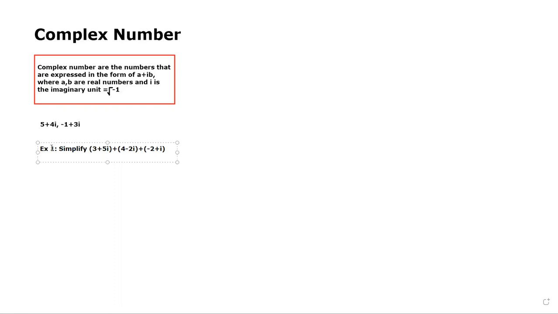Here you need to add three complex numbers: 3 plus 5i is one complex number, 4 minus 2i is another, and minus 2 plus i is another. So it's pretty simple.